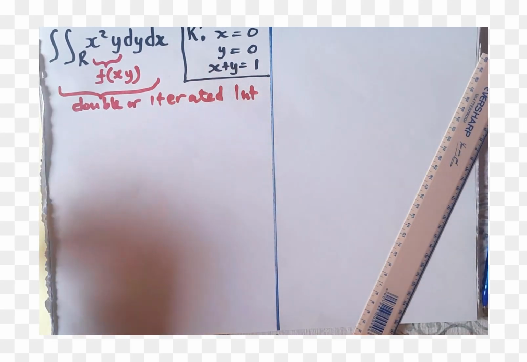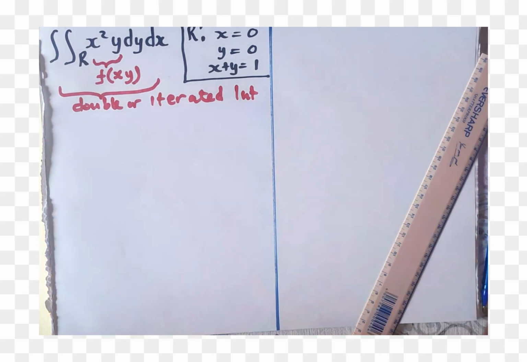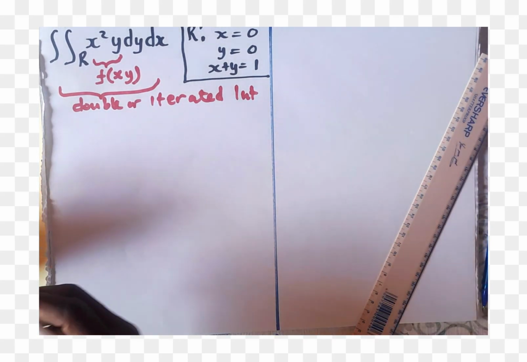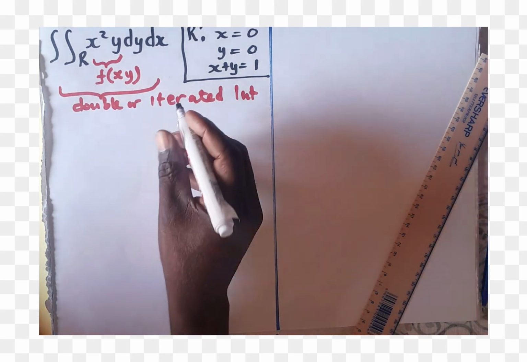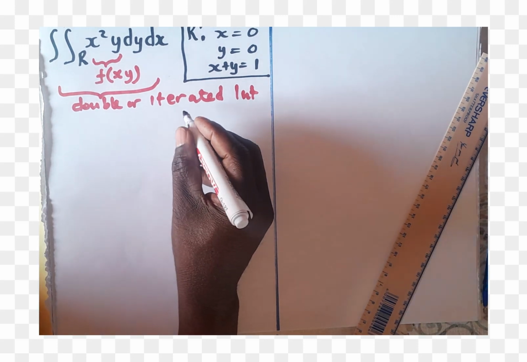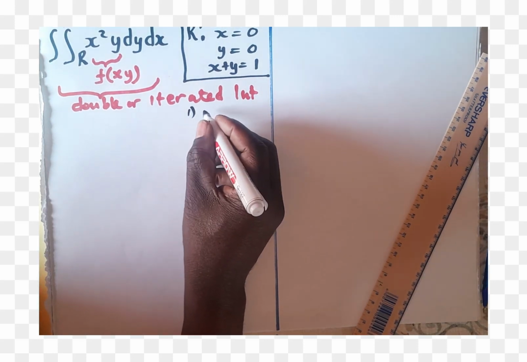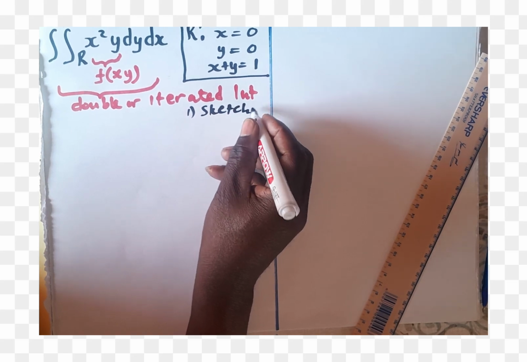Now that we've got the notation right, let's deal with the process. To evaluate this integral, we need to go through the following steps. Step number 1, we need to sketch the region of integration.